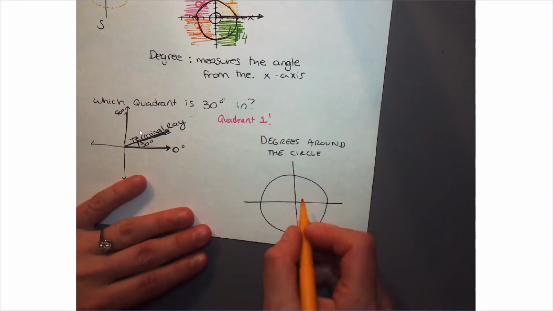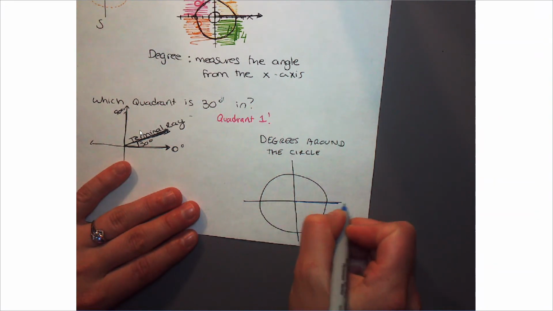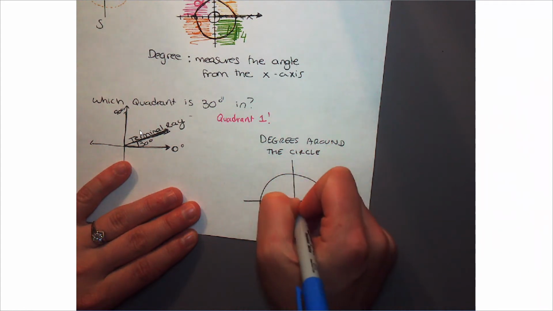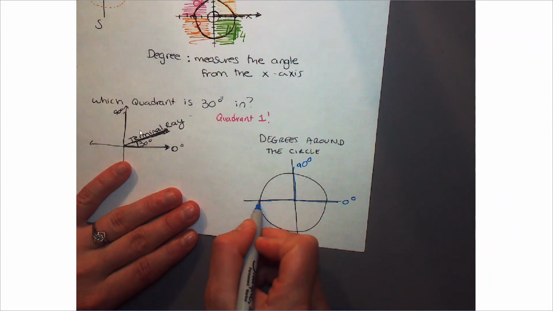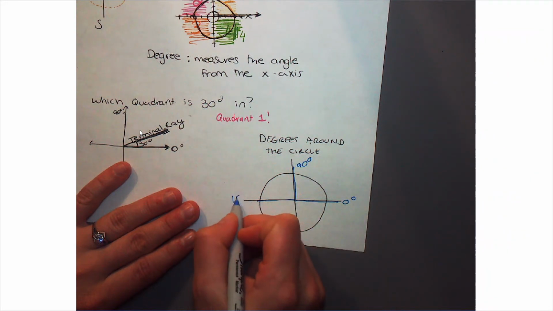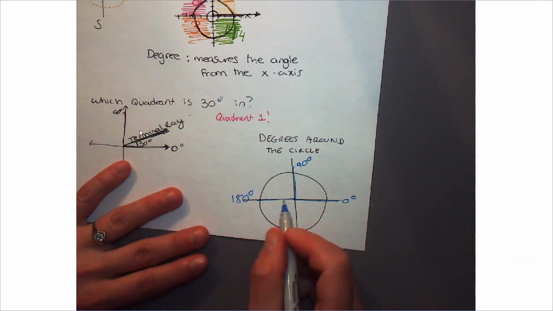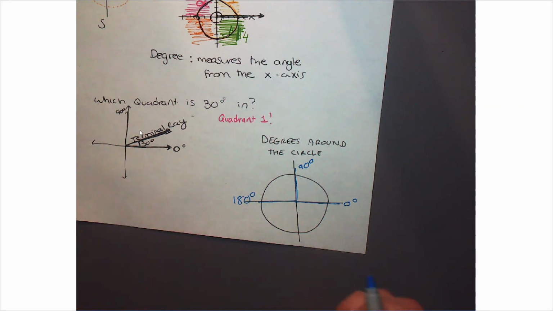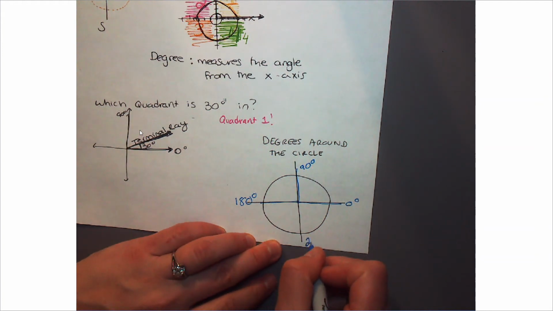Let's start with the key points that we know off the top of our head. We know this is 0 degrees right here. Right here this is 90, so we can think about cutting the circle into 4 pieces. This would be 180, another 90 degrees, so 180 plus 90 is 270.